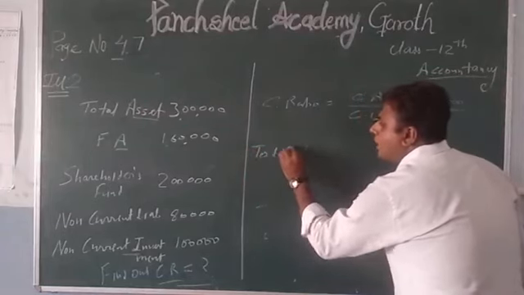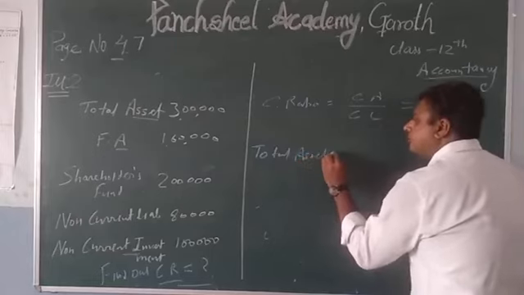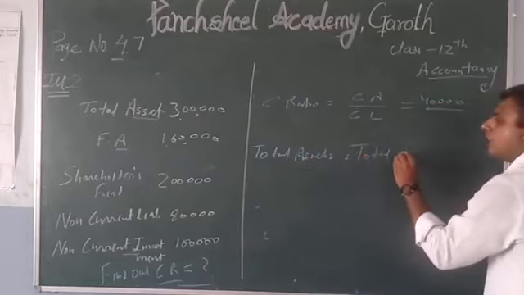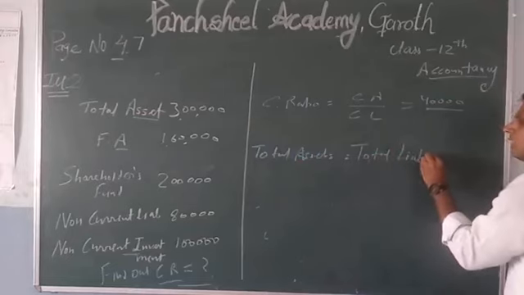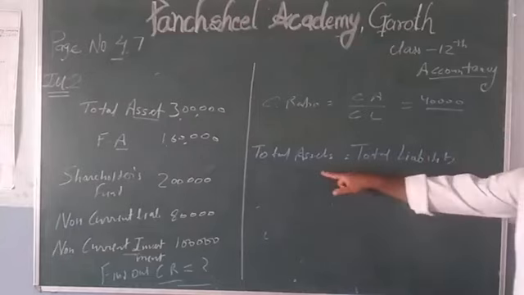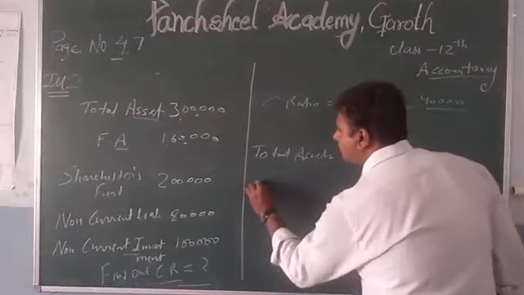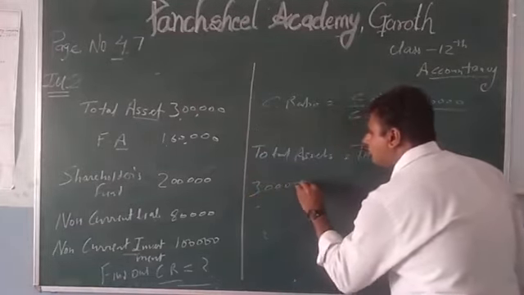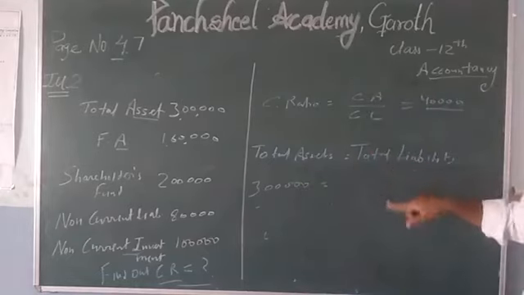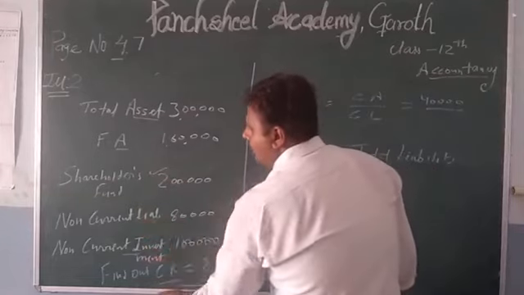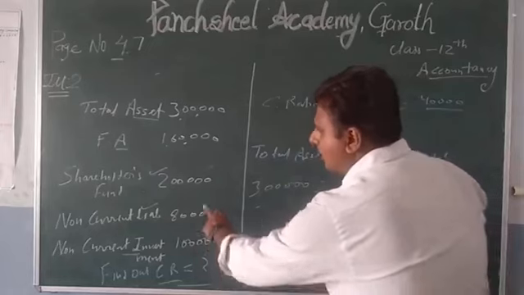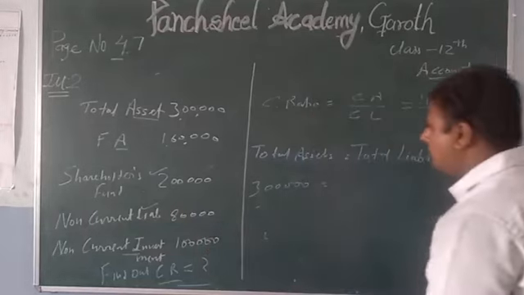Have you seen this formula? Total assets is equal to total liability. So total assets with us 3 lakh. Total liability means shareholder fund, non-current liabilities, and current liability.